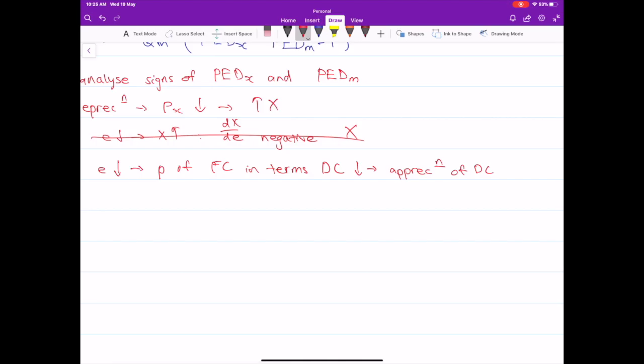Now, does this make sense? Because when your currency appreciates, it becomes stronger, and thus the price of the foreign currency in terms of your domestic currency will decrease.